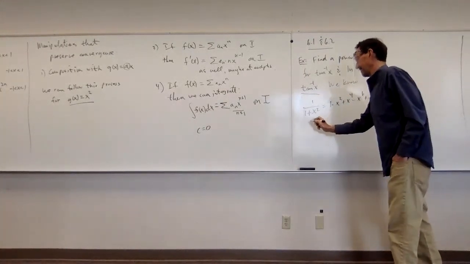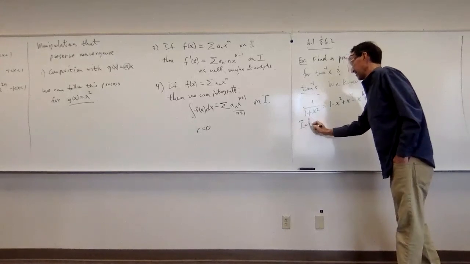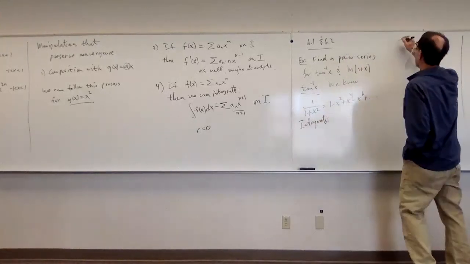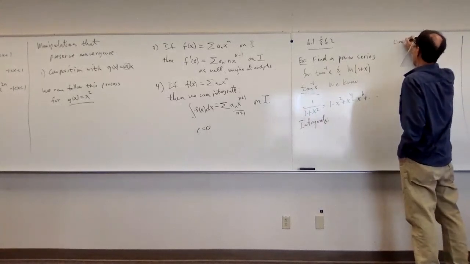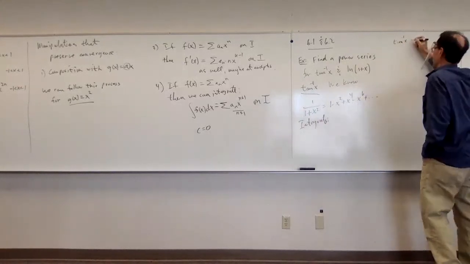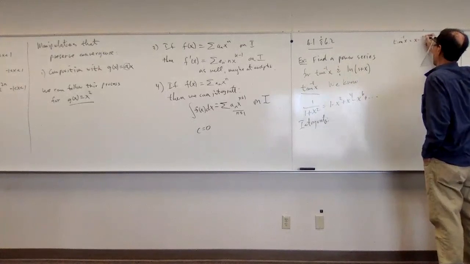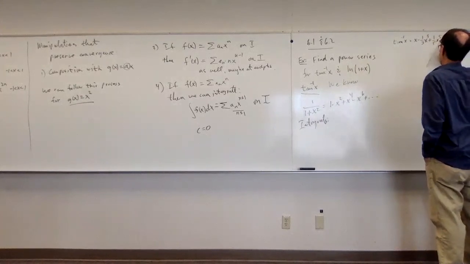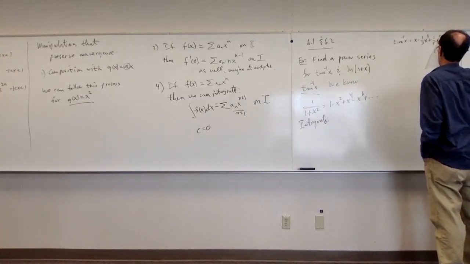Now integrate. I get the inverse tangent of x plus 0, the constant. On the right, I just do it term by term: x minus 1/3 x cubed plus 1/5 x to the 5th. And it converges on minus 1 to 1.